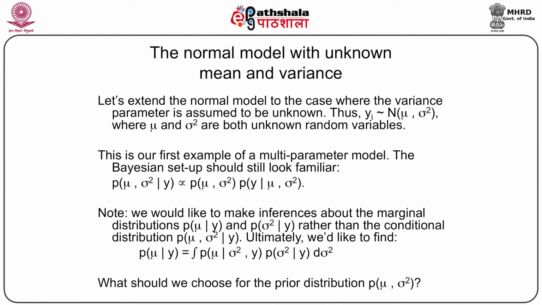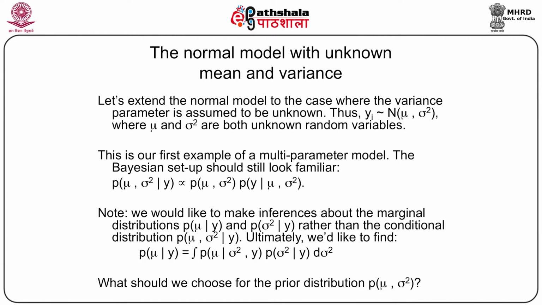The Bayesian setup should still look familiar. We can now write down the joint posterior distribution of mu and sigma square given the data, which is proportional to the joint prior of mu and sigma square times the likelihood function of y given mu and sigma square. Note that we would like to make inferences about the marginal distributions, p of mu given y and p of sigma square given y, rather than the joint distribution of mu and sigma square given y.